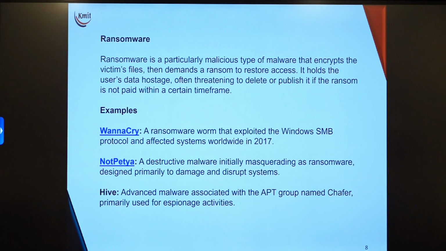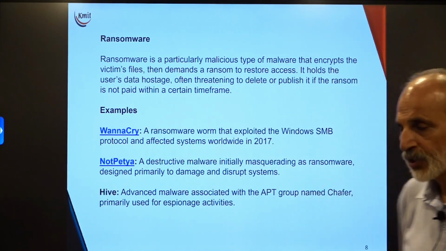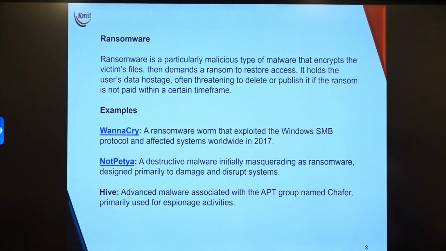Last year and before last year, we have seen ransomware. Ransomware is a malicious type of malware that encrypts the victim's files, then demands ransom money to restore access. This was a big problem, and many organizations needed to pay a hefty amount to get their information back, especially in the banking, financial and insurance sectors. It holds the user's data hostage, often threatening to delete or publish it if the ransom is not paid within a certain time frame.